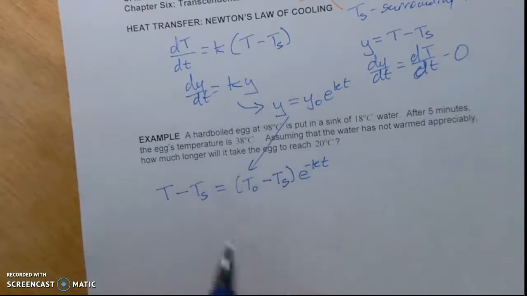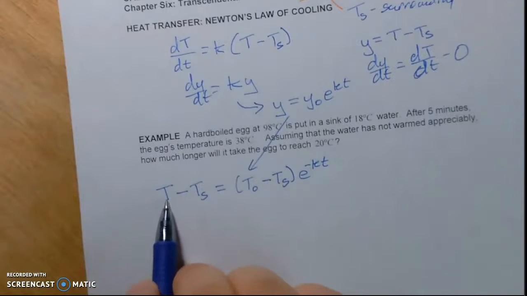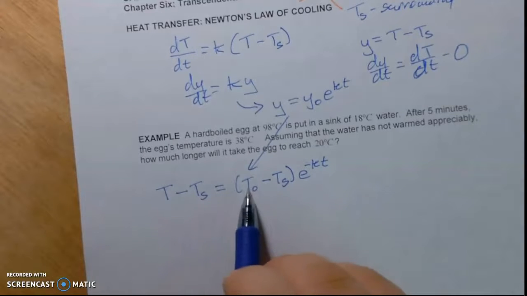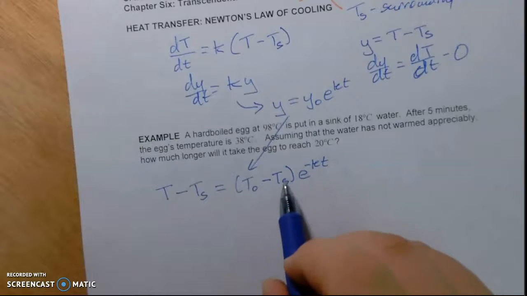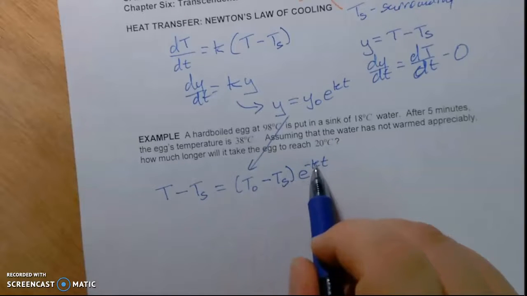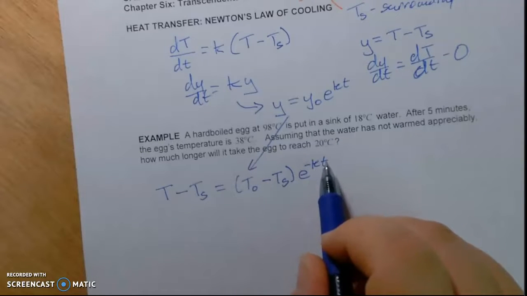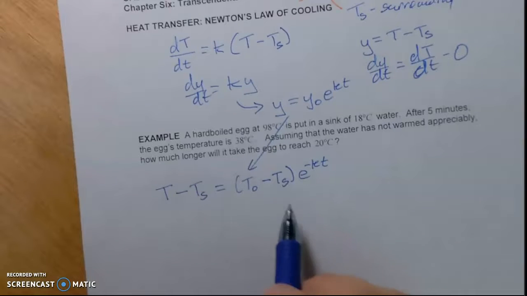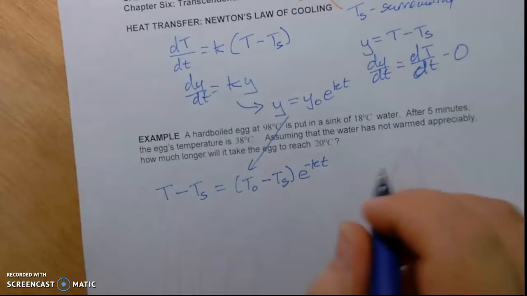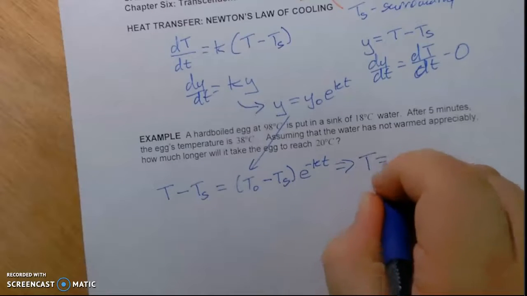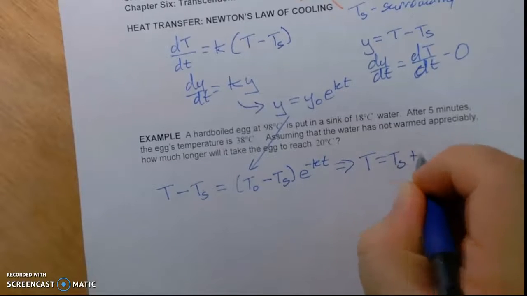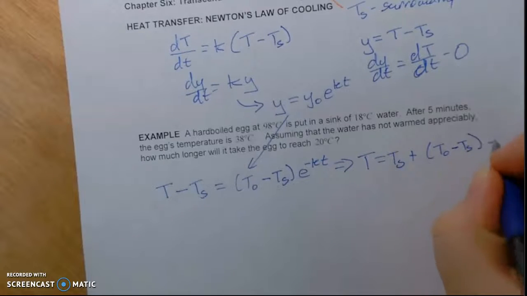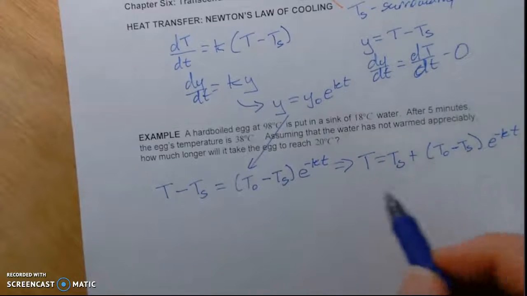So we have a lot of variables: the temperature of the object that's changing, the surrounding temperature, the initial temperature of the object, k, which is just a constant, and t, the time. If we solve this for T, this becomes T equals Ts plus (T naught minus Ts) e to the negative kt, and that is Newton's law of cooling.